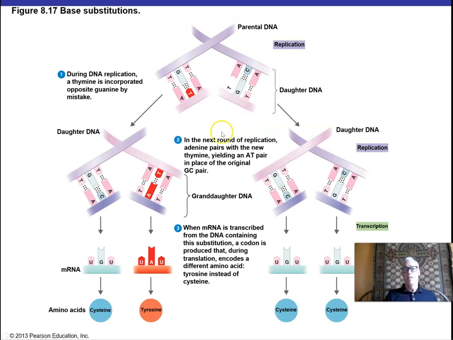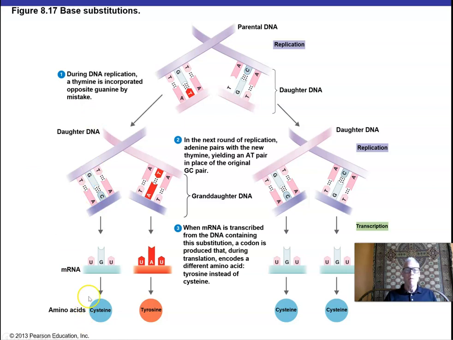So here's an illustration of a point mutation. During DNA replication, a thymine is accidentally incorporated opposite a guanine in place of a cytosine, and then when that strand is replicated, an adenine will be put in there instead of a guanine. Now we have a permanent change in the genomic sequence of all further replications and offspring.